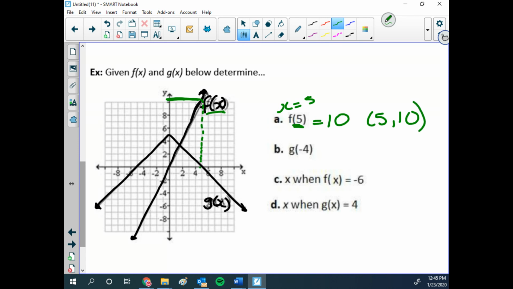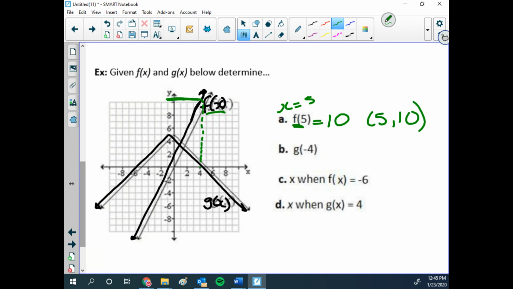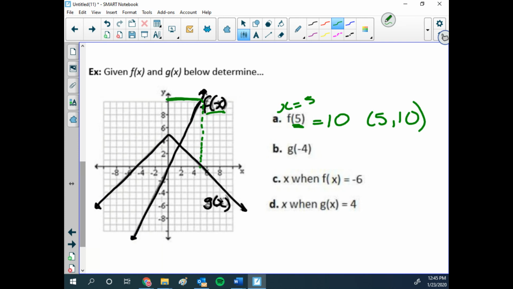So take a second and, in your head maybe, see if you can figure out where g of -4 would be. Anybody think they know what g of -4 is? Approximately?